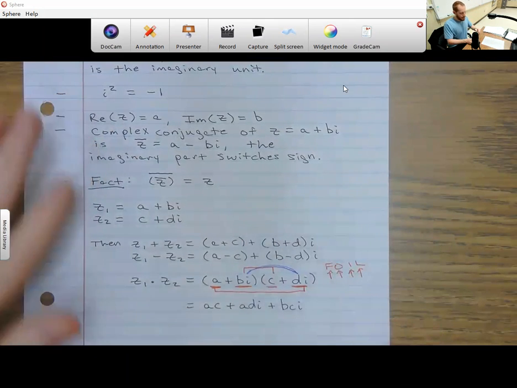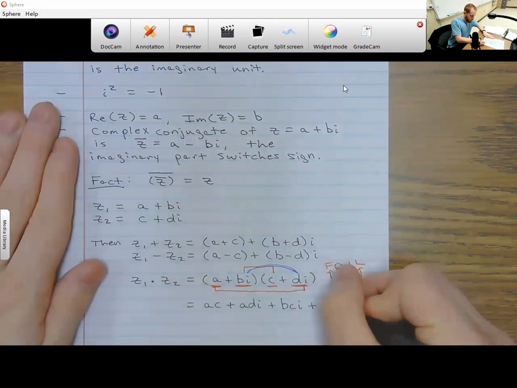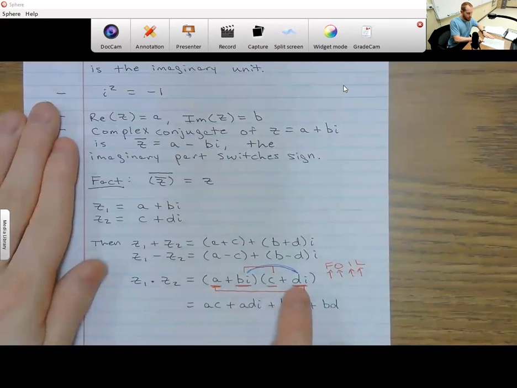So now bi and di, they're going to get multiplied together. Okay? So what's bi times di? That would be bdi squared. So we have b times d, and notice there are two i's that we're dealing with, so that's why we're going to get i squared.